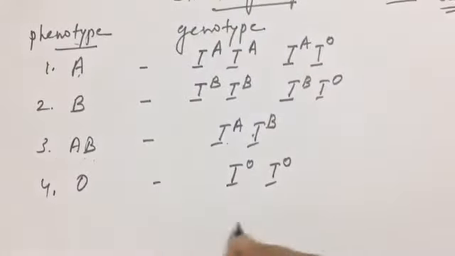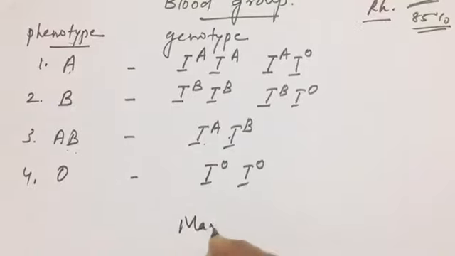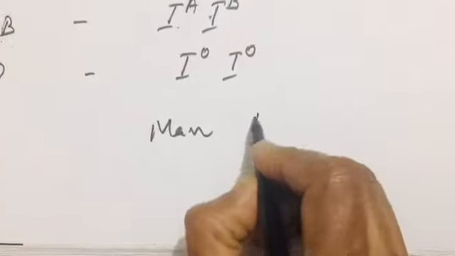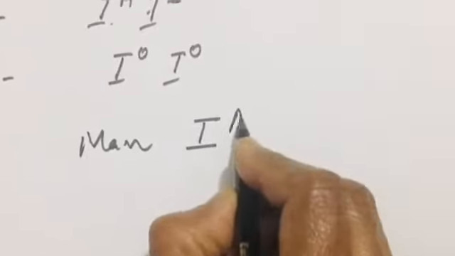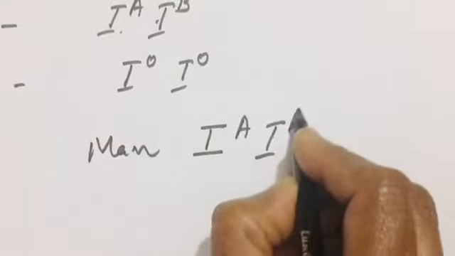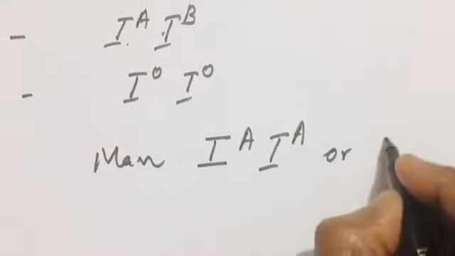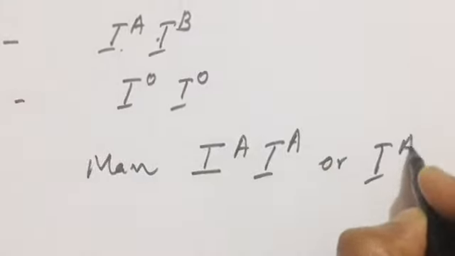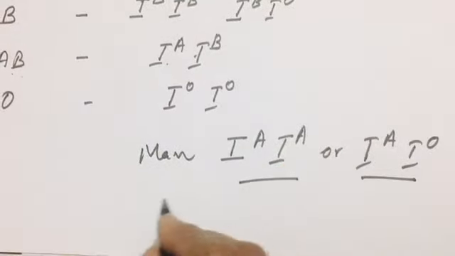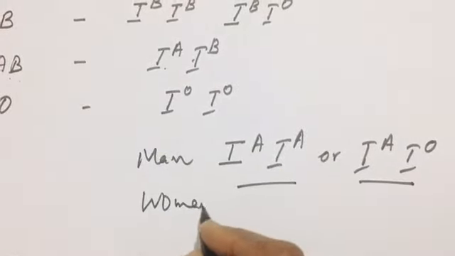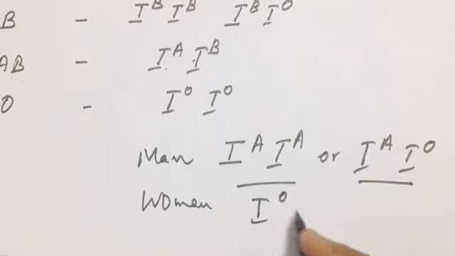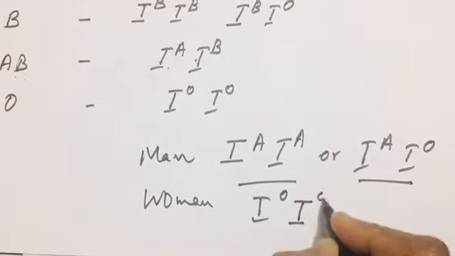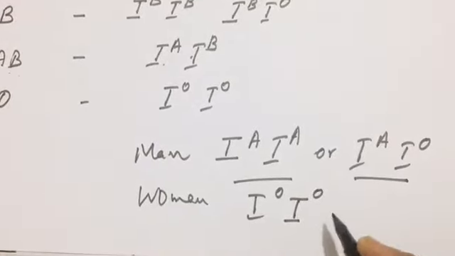I'll just help you. We will discuss the answer in the class. So if the man's blood group is A, what are the possible genotypes? Either it can be IA IA, or the IA IO version. The woman is O, so the woman's possible genotype is only one, that is IO IO.